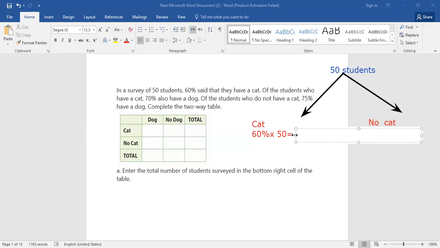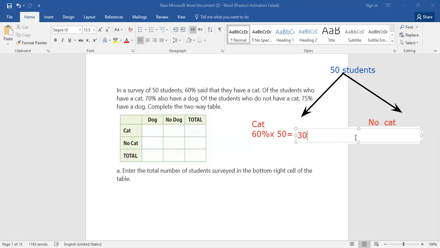Yes. Okay. Then, because 60% from the 50 will be equal 30, now we have 30 students who have a cat.